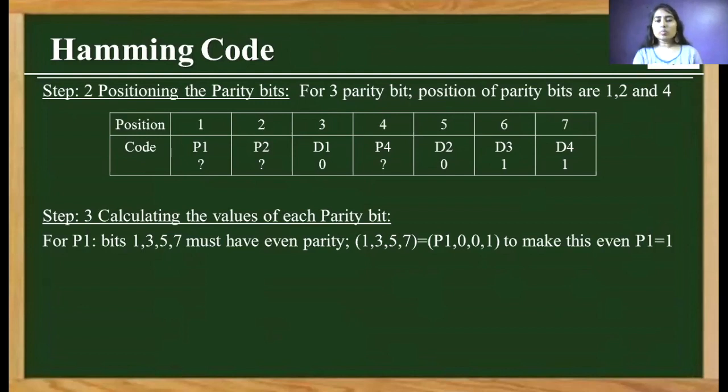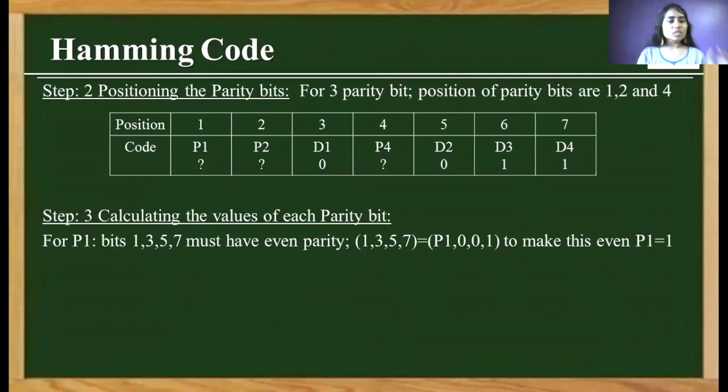Now to make the combination P1001 even, we have to put P1 equal to 1. So if the value of P1 is 1, then 1, 3, 5, 7 has even parity. So this is how we can calculate the value of P1.